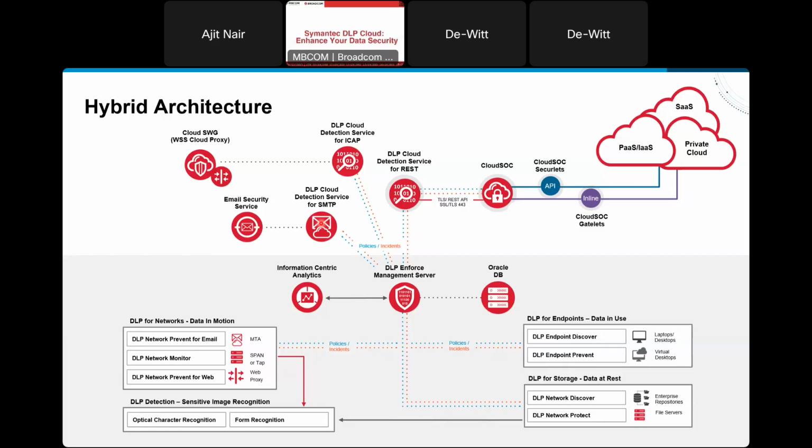I'll note this as a point and see if we can integrate ERP in CloudSOC. But from an application point of view, in the Enforce server for on-prem, you can monitor application file access controls. So you can monitor clipboard actions and many other features through our application file access control, and that's available in the Enforce management server.